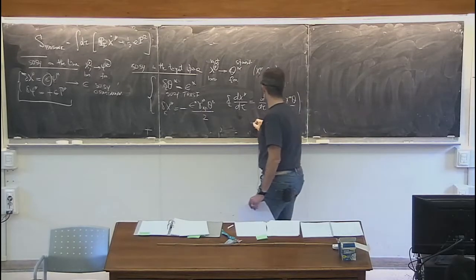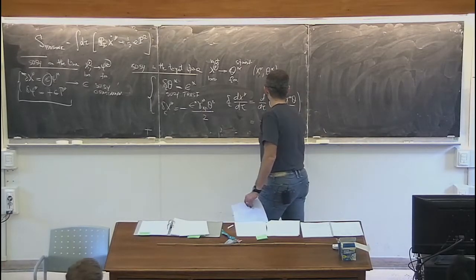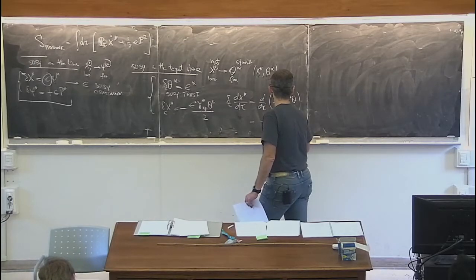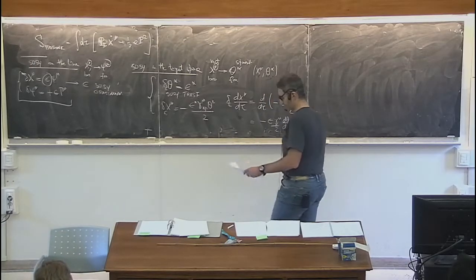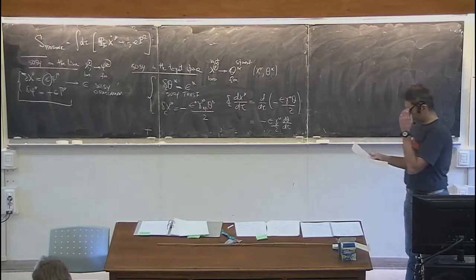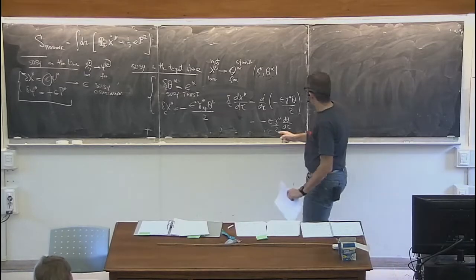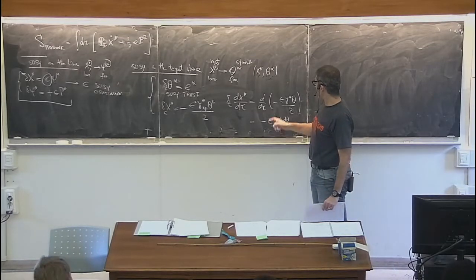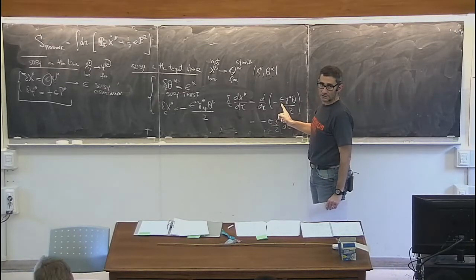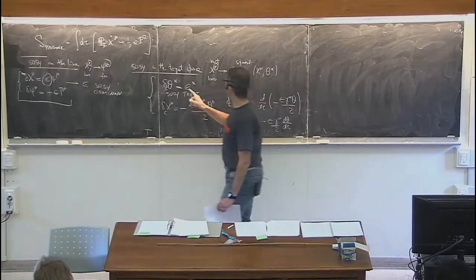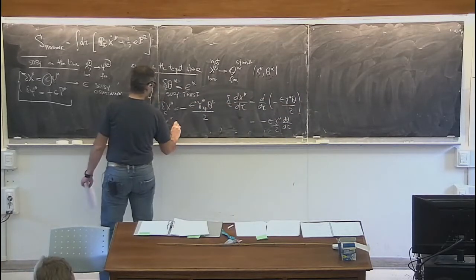And this gives you what? Well, this gives you minus epsilon gamma mu of d theta d tau divided by 2. Now, look, I pull epsilon out of the derivative because here I'm taking epsilon constant. Epsilon is constant.